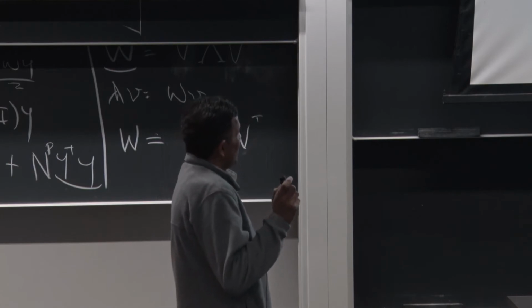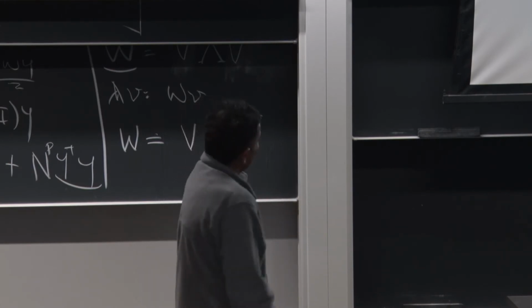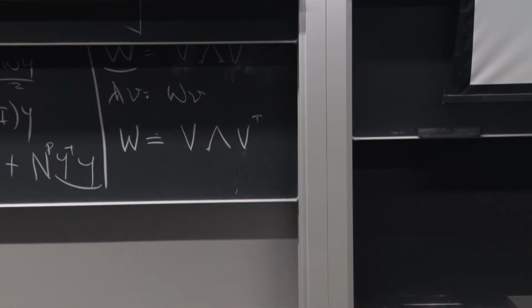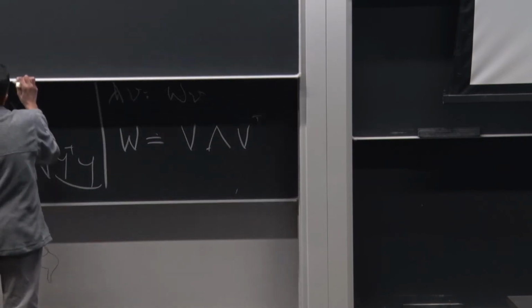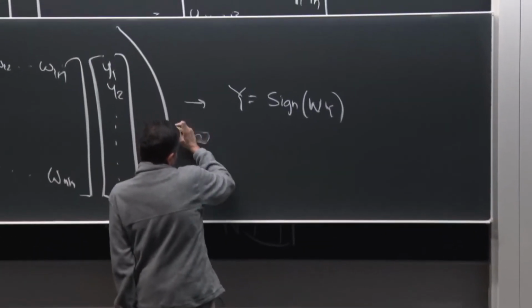Now, the point is these two guys have the same eigenvectors. Why would I claim that? That's easy enough. Look at the first guy. So let V be an eigenvector, right?